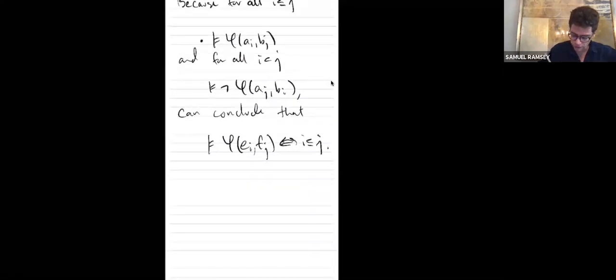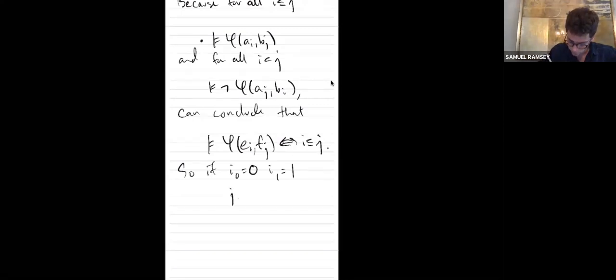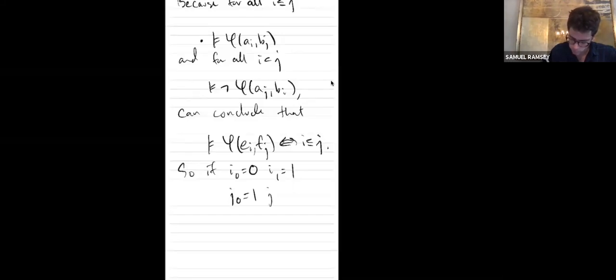Okay, so in particular, let's be even more concrete, because now we're indiscernible, so we can fix our attention to any pair of indices we like. So what we'll do is we'll let i0 equal 0 and i1 equal 1. Why not? And we will let j0 equal 1 and j1 equal 0.